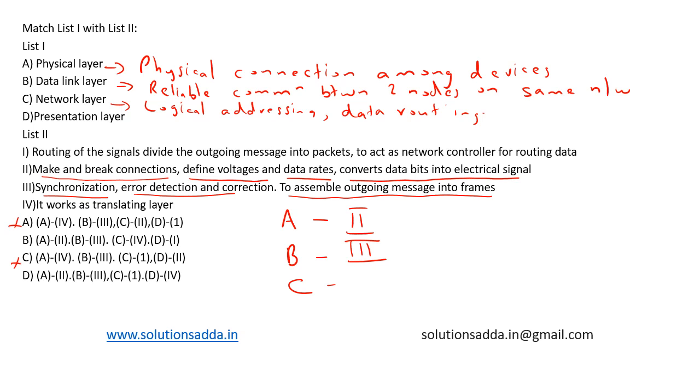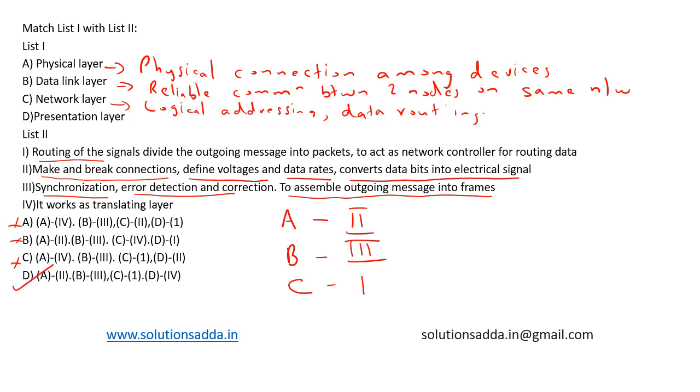It decides how packets are routed from source to destination based on the network topology and traffic conditions. It also provides services such as fragmentation and reassembly of packets. So based on this, we can say C can be mapped to 1, that is routing of the signals, divide the outgoing message into packets to act as a network control for routing data. C can be mapped to 1. So B is also eliminated. So ideally A should be the answer.